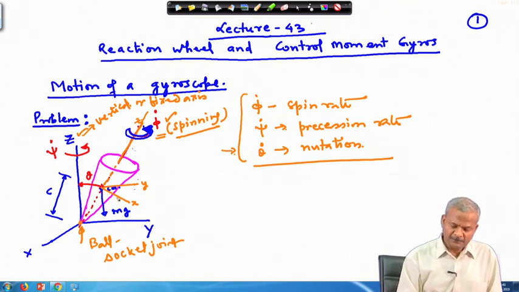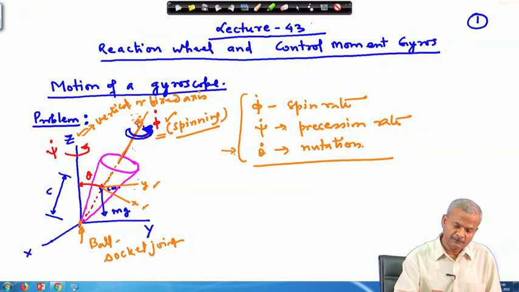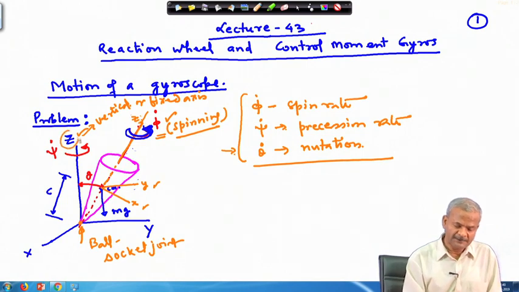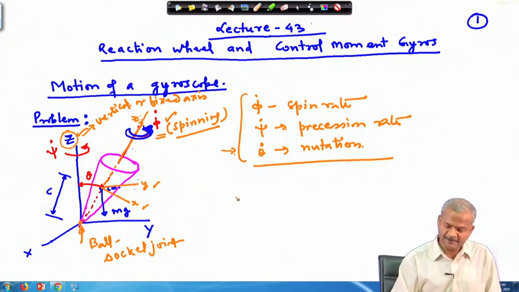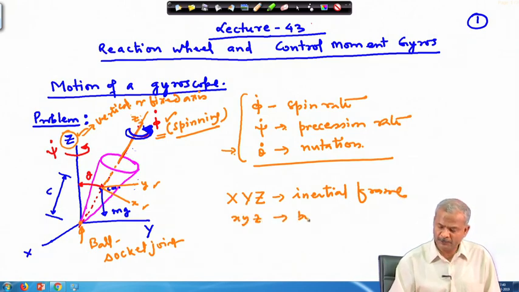So, x and y are shown here, and this is small z. This is small z, and this is capital Z, there is a difference. So, capital X, Y and Z constitute the inertial frame, while small x, y, z constitute the body frame.